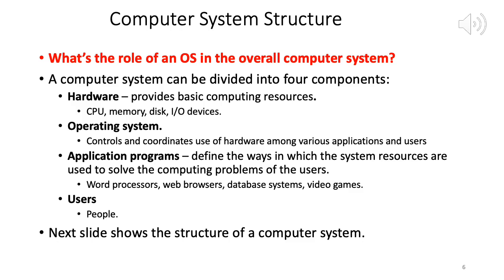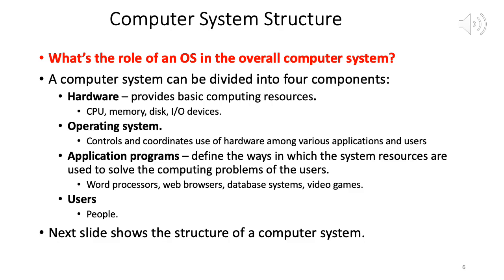Next, in the list you have the hierarchy, you have application programs. So they define the ways in which the system resources are used to solve the computing problems of the users. So these just correspond to different applications or apps, as we say. So here we have word processors, web browsers, database systems, video games, WhatsApp, Facebook, and so on.